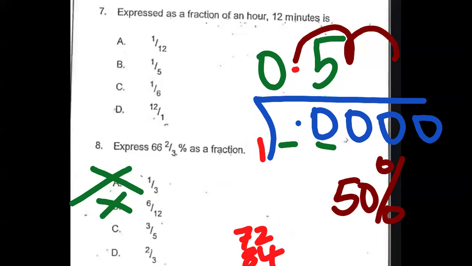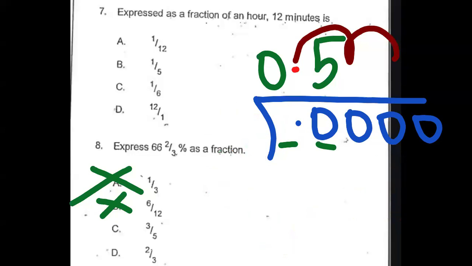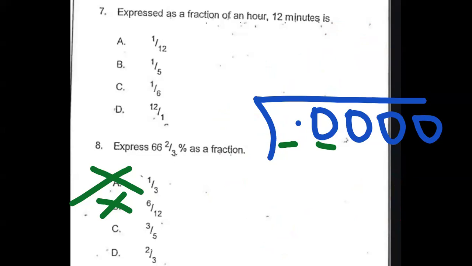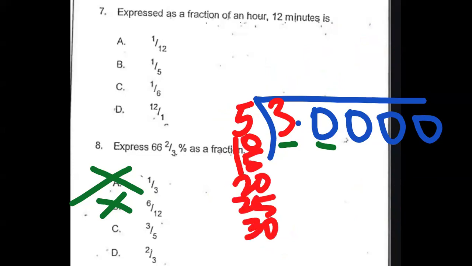Let us divide 3 by 5. So that means the 3 goes in here and the 5 goes on the outside. All right, let's do that. 3 here, 5 here, 10, 15, 20, 25, 30, 35. Wait, let me look for the different color there. All right, good.